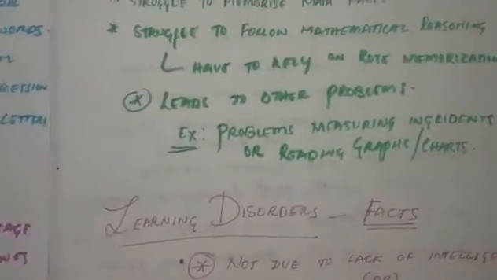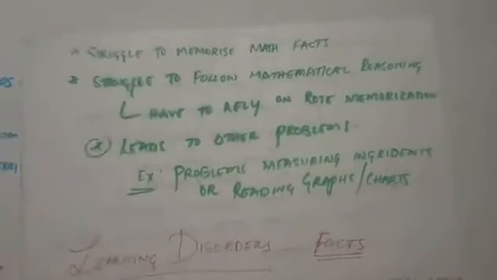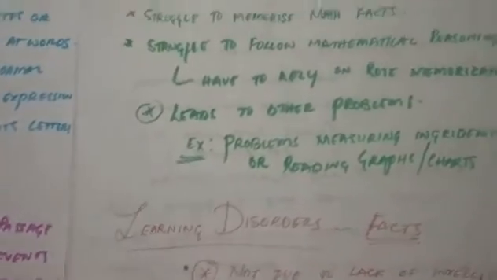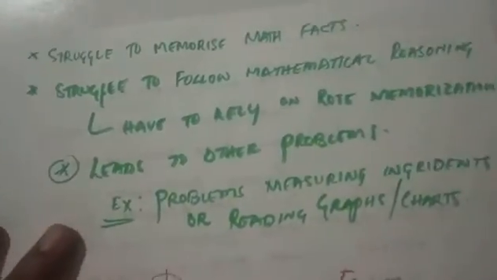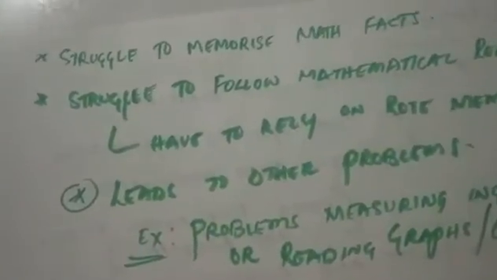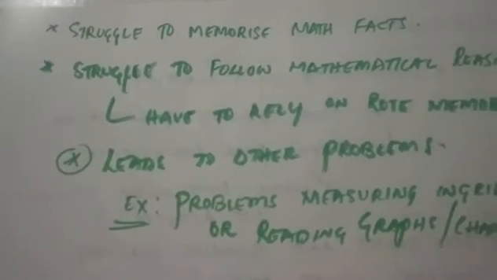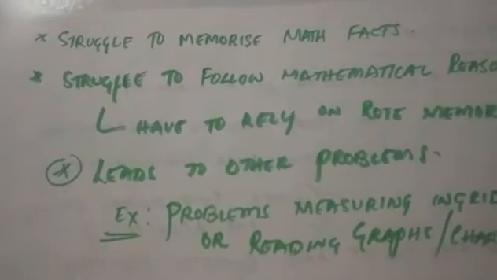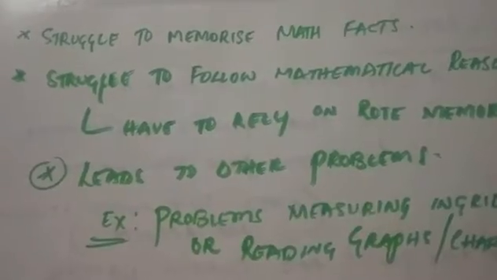So we have some more features: they struggle to memorize math facts. Math facts are very much needed to remember. Basic mathematical understanding is essential to carry out the further difficult mathematics, so they struggle to memorize that itself.